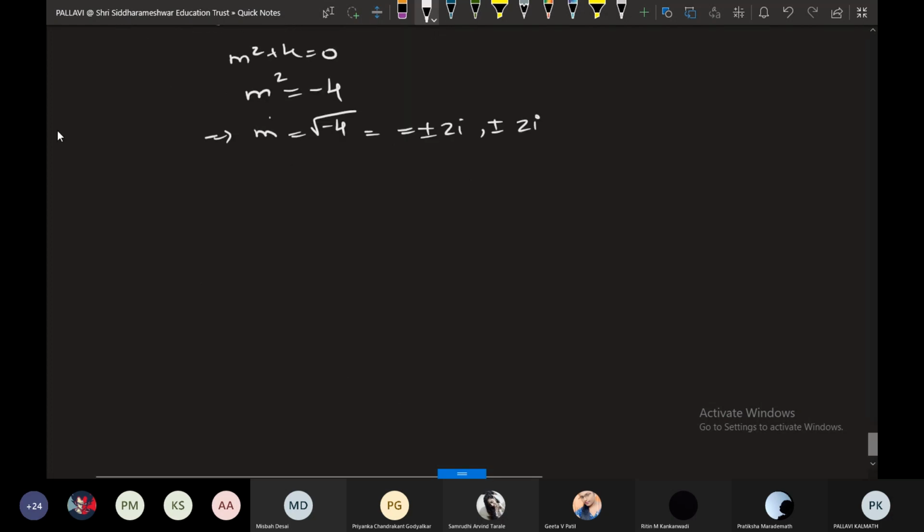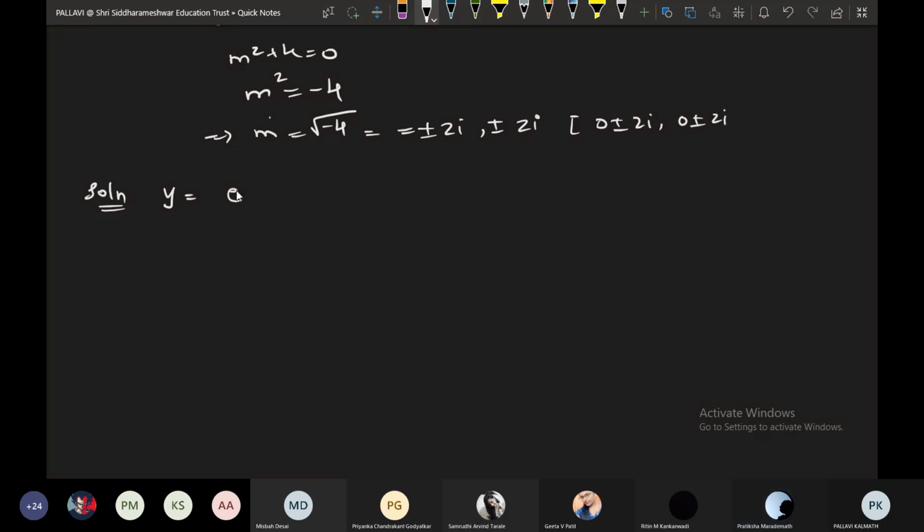Hence, what is the solution you have written? See, now this is a repeated root, no? For a repeated root, e raised to 0x, since we consider 0 plus or minus 2i and again 0 plus or minus 2i.